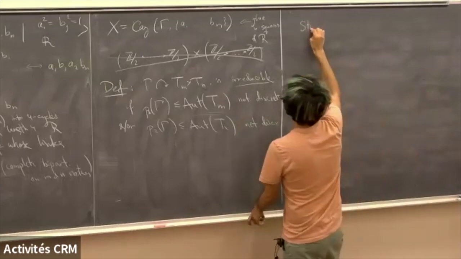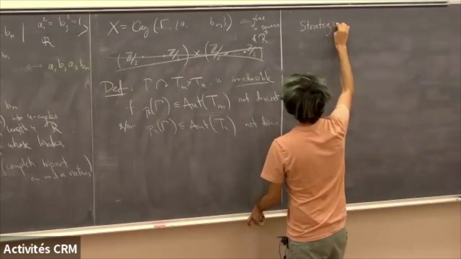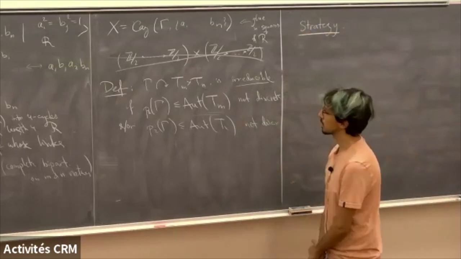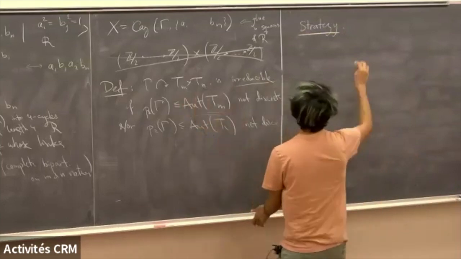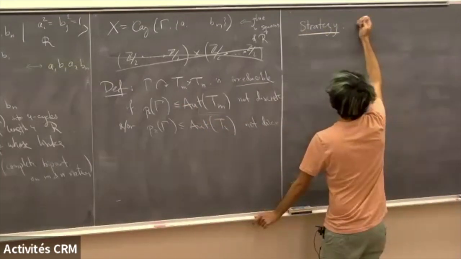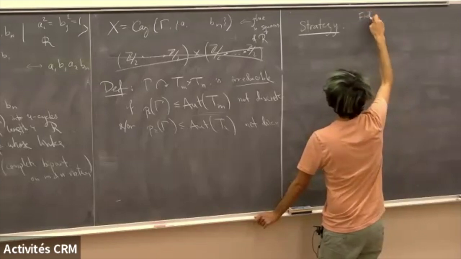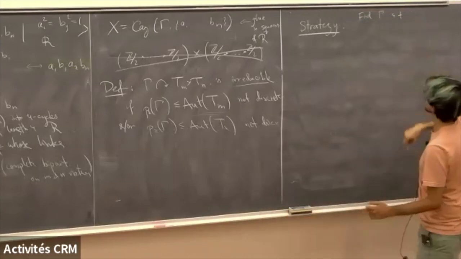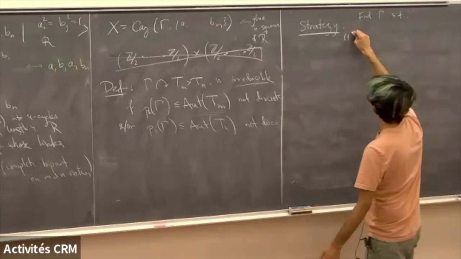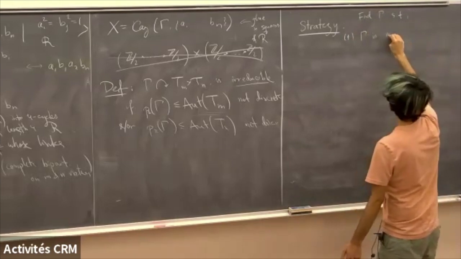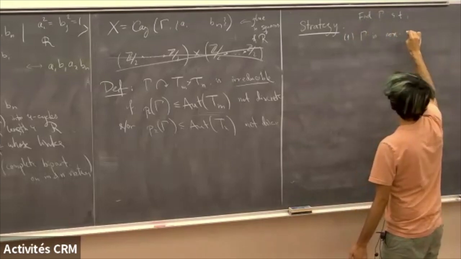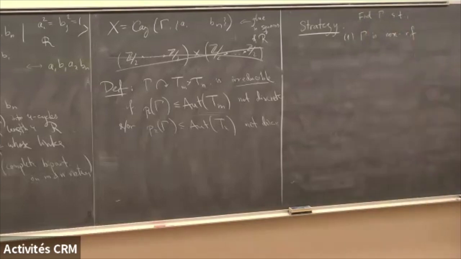Yeah. So the strategy is for such a Gamma, find Gamma such that it satisfies the following two things. One, Gamma is non-residually finite, which is already challenging, right? I mean, we should avoid special things there.